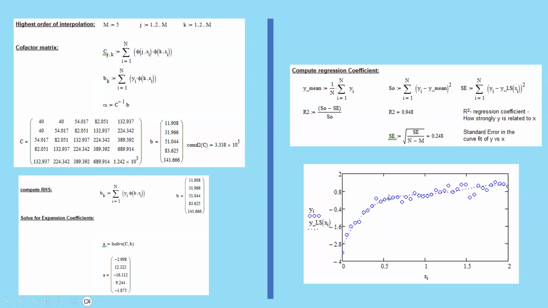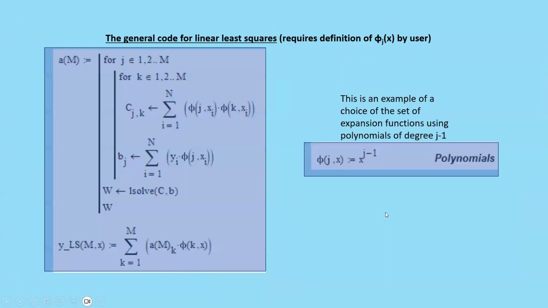This is about the order 4, okay? And see, this is our fitting function over these noisy data.